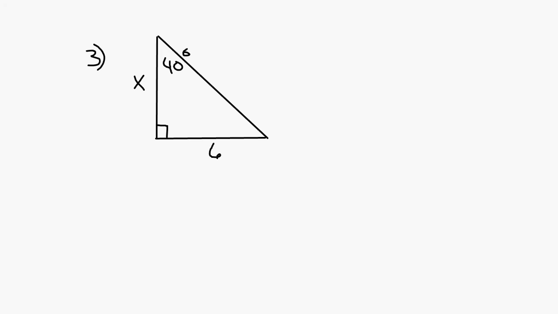In relation to this angle, you're dealing with opposite and adjacent. Tangent equals opposite over adjacent. So tan 40 equals the opposite side over the adjacent side.